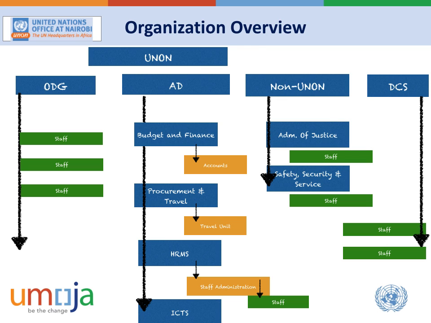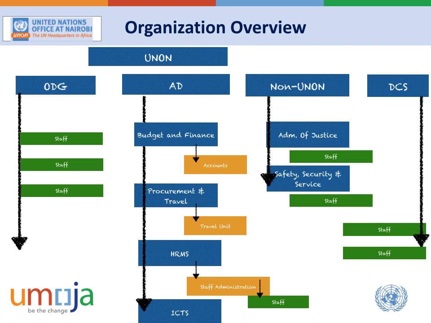You have UNON, and then you have all the organizations under that, like ODG, Administrative Division, the Administration of Justice and Safety, Security and Service, and also the Department of Conference Services. So you have sub-org units, or you call them departments or units, and you have staff members under that.